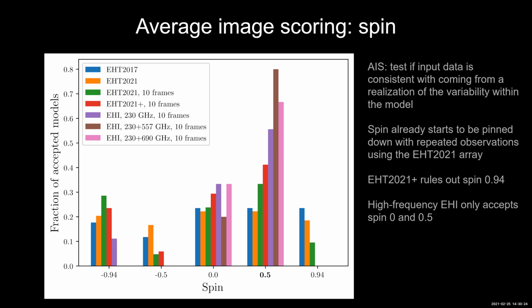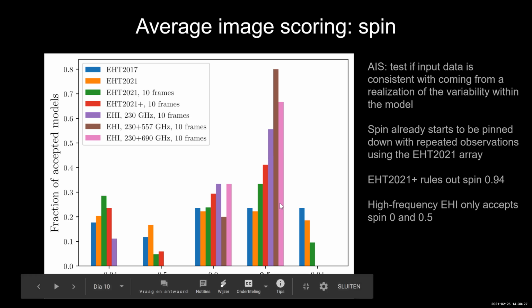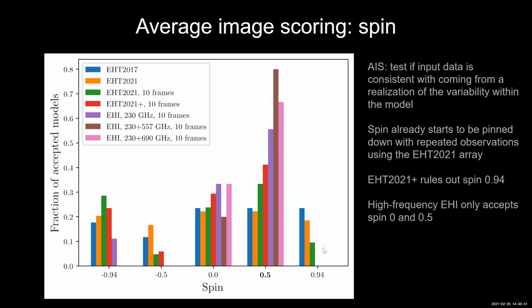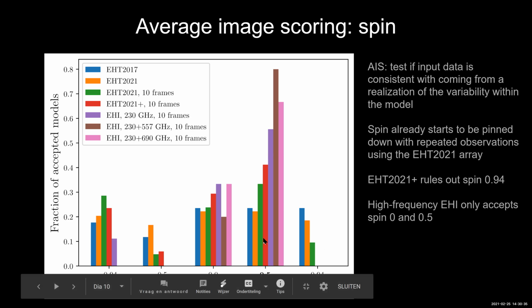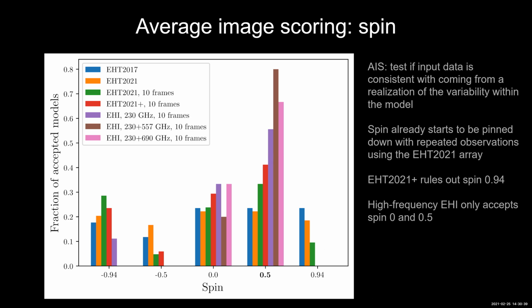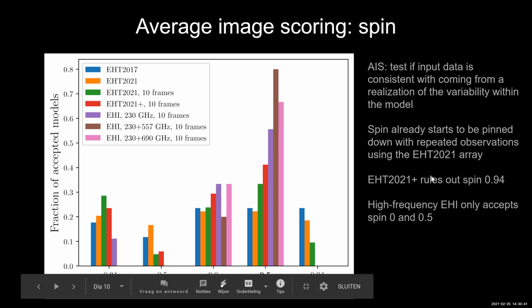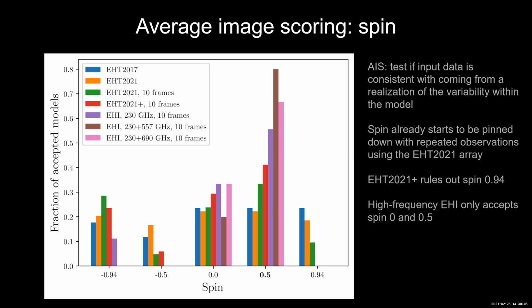And then we found that when we try to fit models with spin 0.94 to the data that was taken from a simulation with spin 0.5, all of these models do not provide a good fit. So that's what I meant. So it's a simulation problem, basically. It's limited by the library that we have. Right. Okay. Thank you.